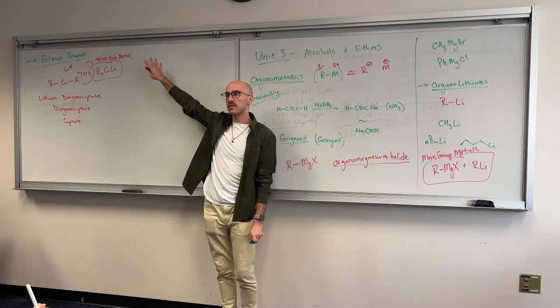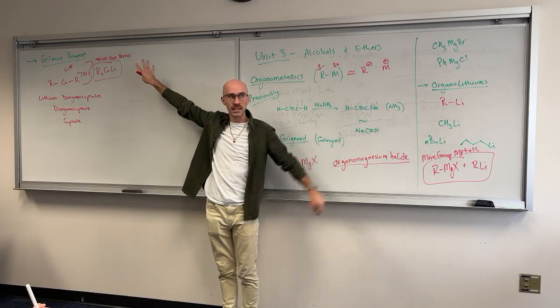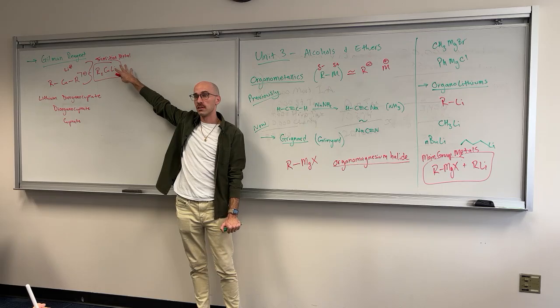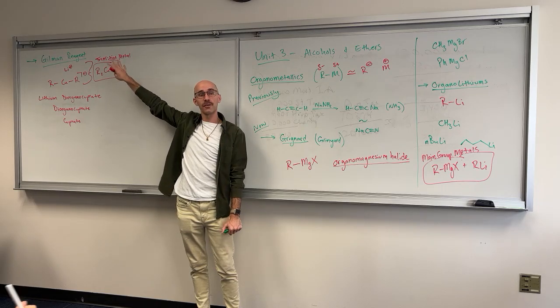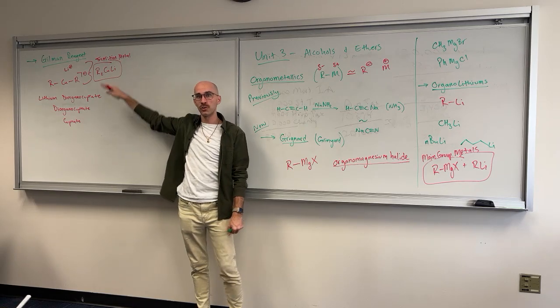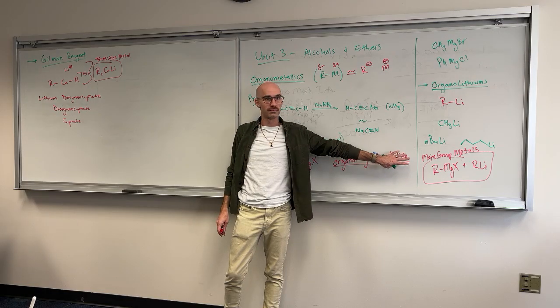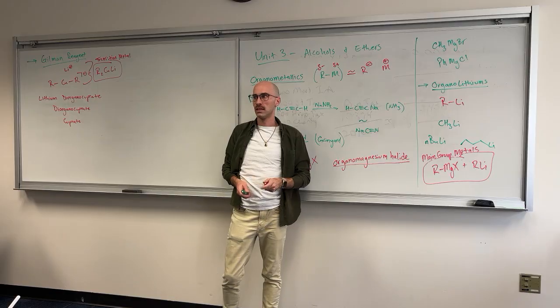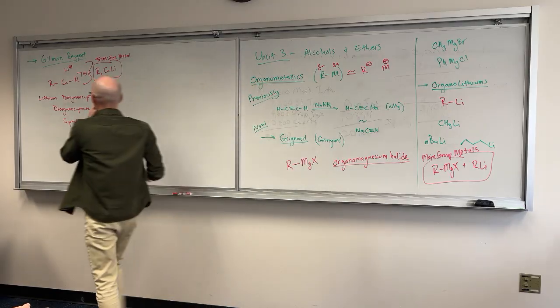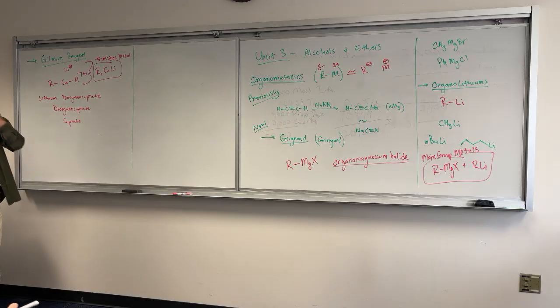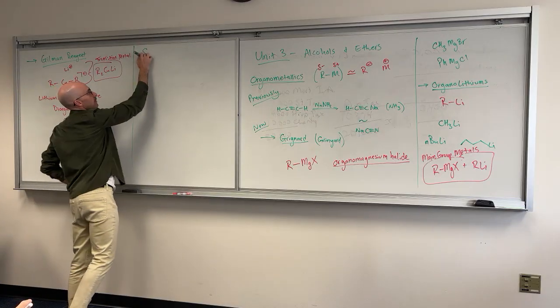But anytime you see one of these, you may or may not actually be able to use a cuprate for it. And there are reactions that cuprates can do that these reactants are incapable of. So, to dive into this, we're going to look into the synthesis of these organometallics.